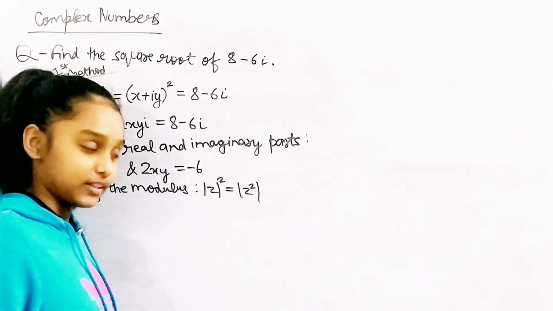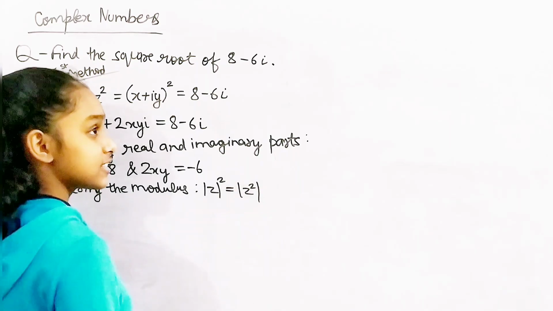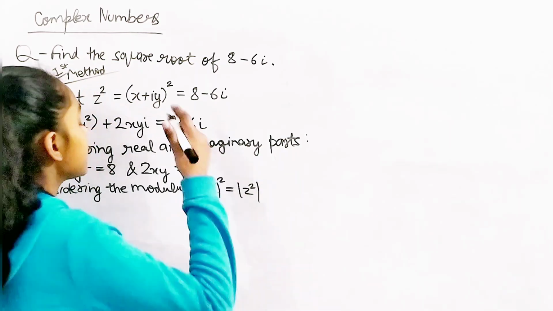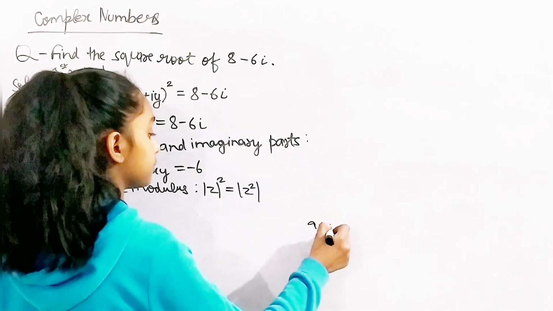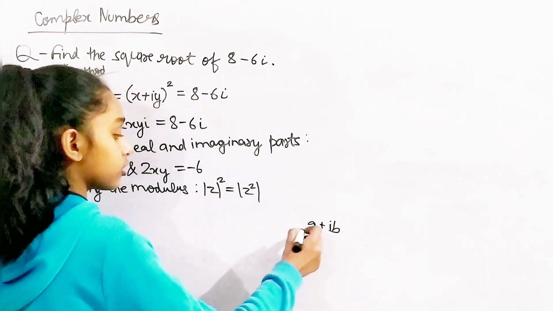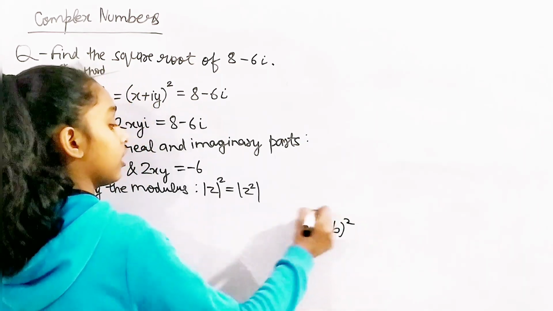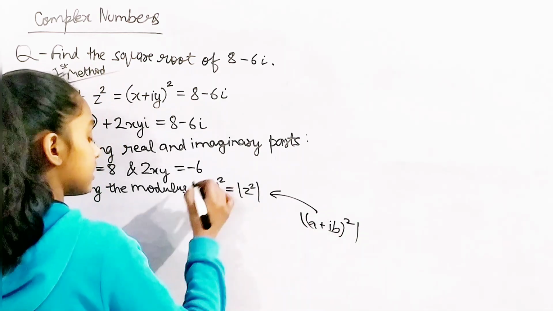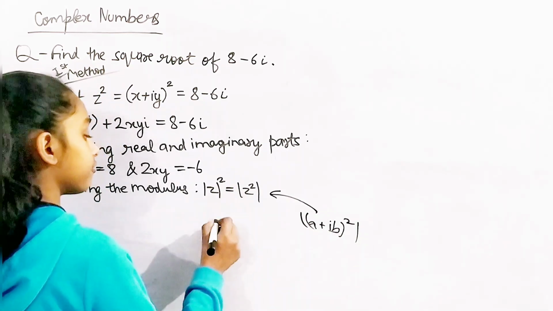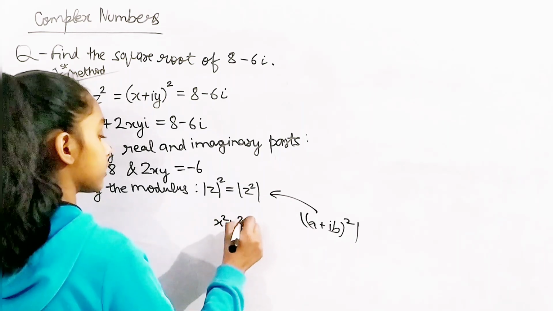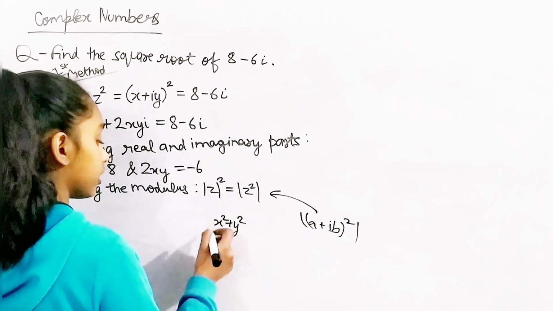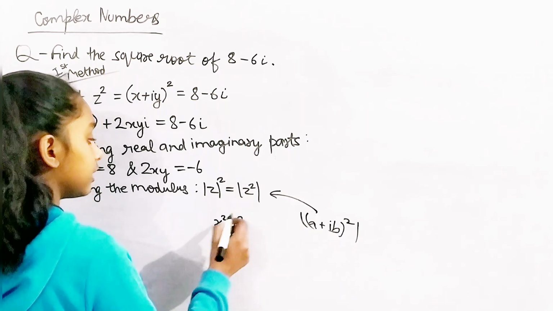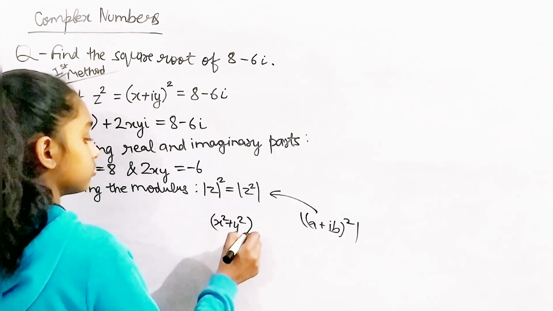What's the difference? z squared is a complex number, say if the complex number is a plus ib, then it's its square, and we take the mod of that. And the mod of z, if it's x squared plus y squared, then this will be different.